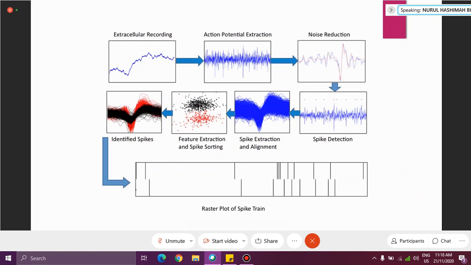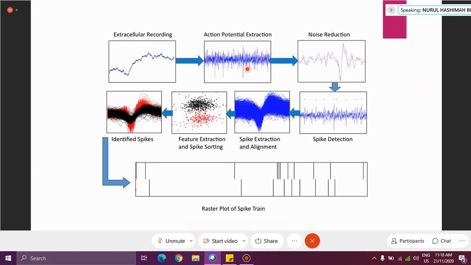Okay, so this is the spike sorting algorithm. This is the original extracellular recording, and this is then where the action potential is extracted.